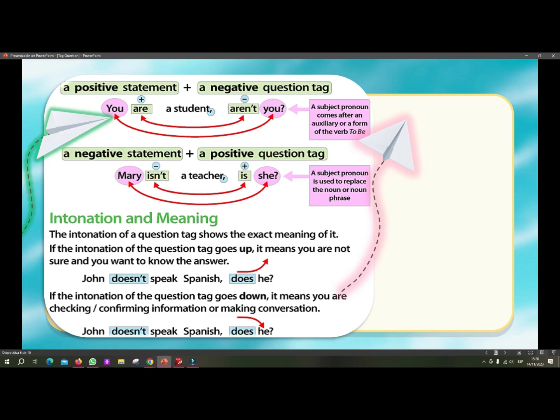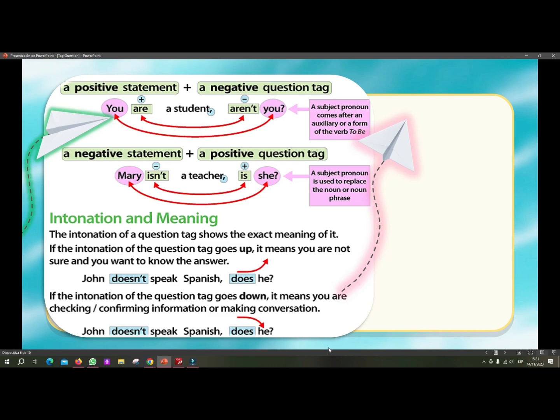But if the intonation of the question tag goes down, it means you are checking or confirming information, or just making conversation. For example, John doesn't speak Spanish. Does he? Right? So in this case, the intonation of the tag question goes down.